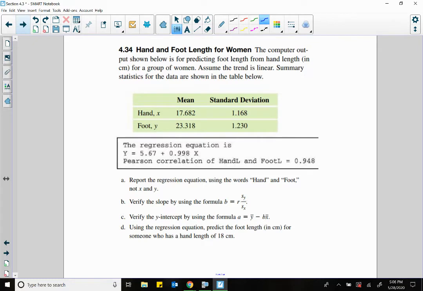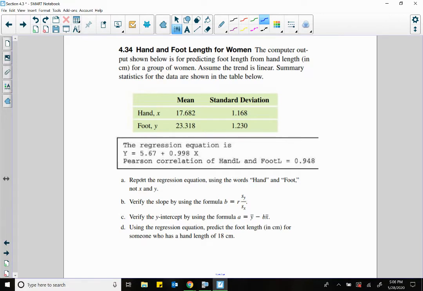So below it says we got a computer output shown below is for predicted foot length from hand length, in centimeters, for a group of women. So they're thinking that if you know the hand length, we can predict the foot length for women. Assume the trend is linear. Good, because if it wasn't linear, we wouldn't be doing this. And then we're going to answer the questions.